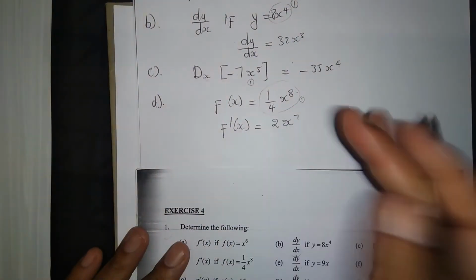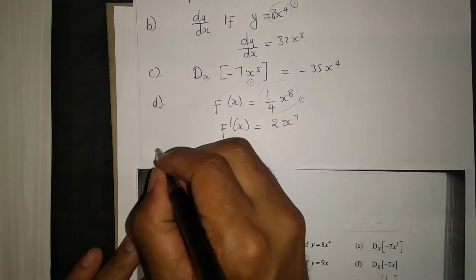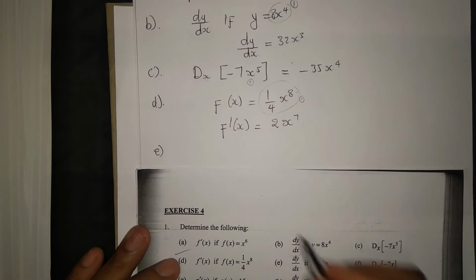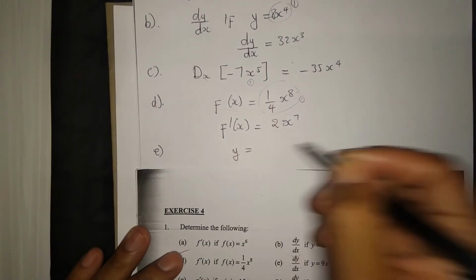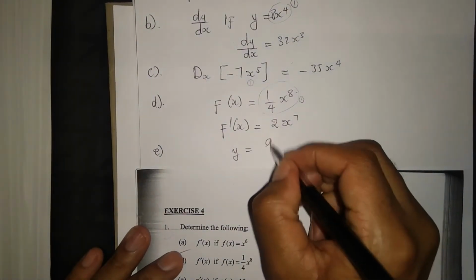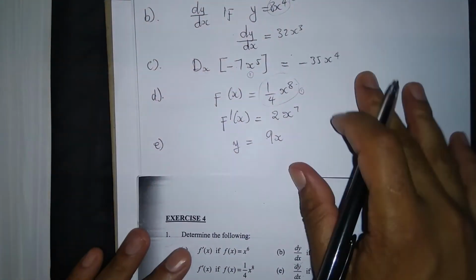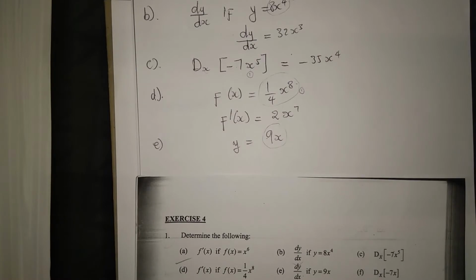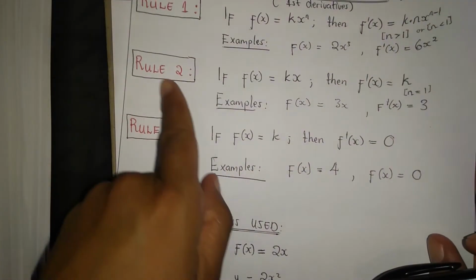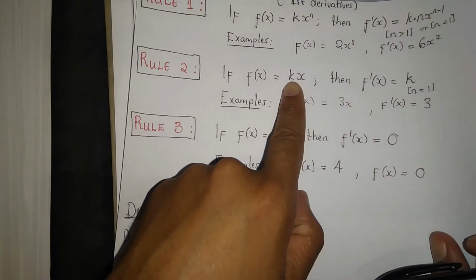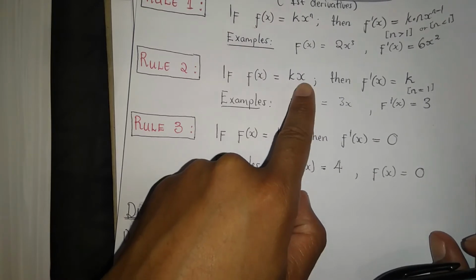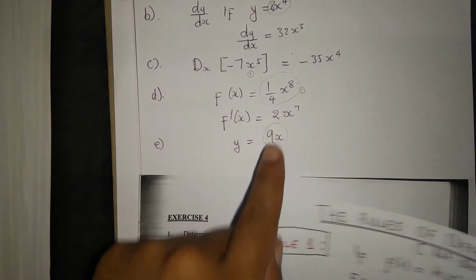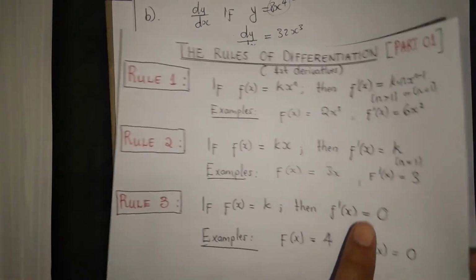Angithi? So therefore itholile derivative yakho. E, basiphe y equal to 9x. This is rule number 2 because you are given a coefficient and a variable, a coefficient and a variable yet is raised to exponent 1.